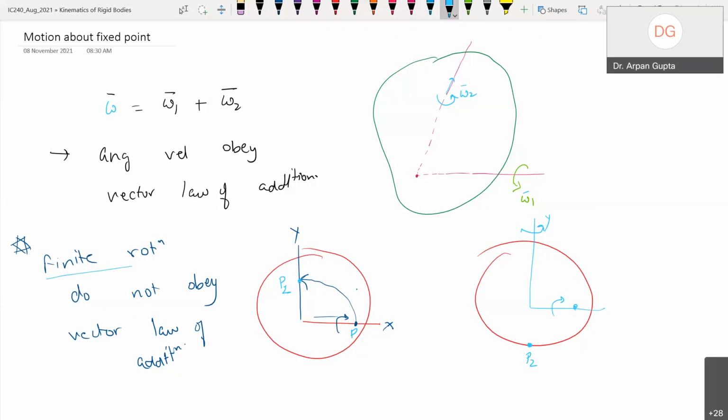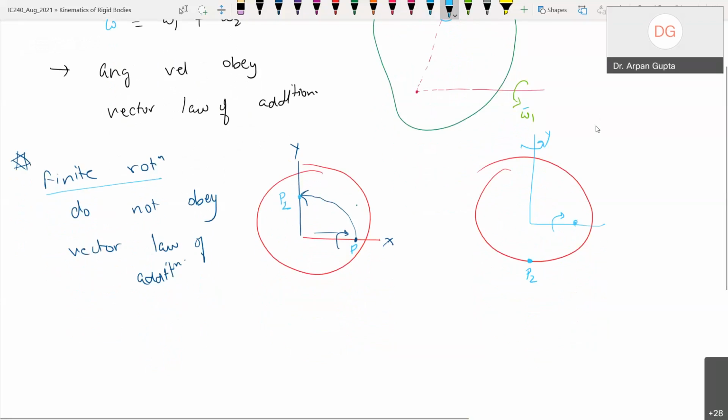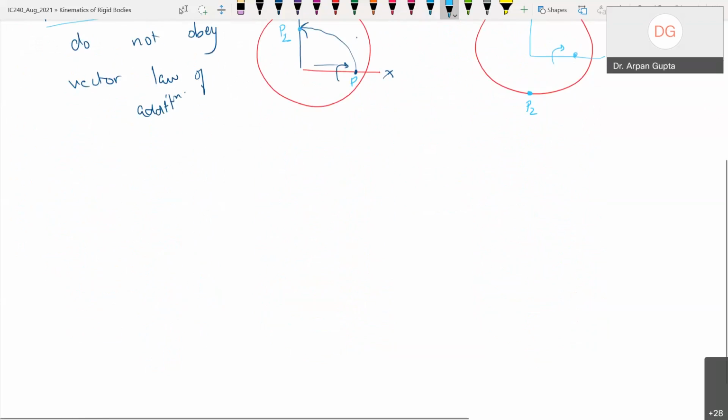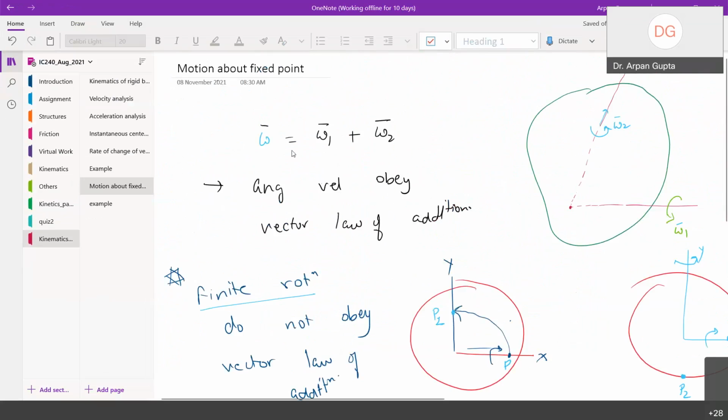Therefore, finite rotations do not obey the vector law of addition, but the rate of change of infinitesimal rotation, which is omega, follows the vector law of addition. Anyway, that is more detail. Now let's go to the example. That's the main concept here.